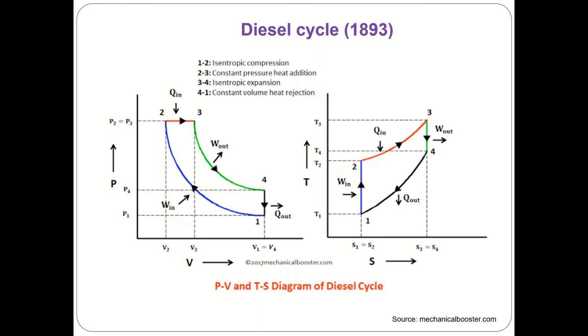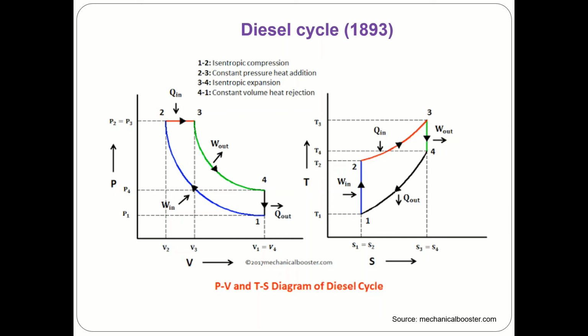So, there is compression from 1 to 2. This is a reversible adiabatic process or isentropic compression, and 2 to 3 is the heat addition process, during which the source is brought in contact with the cylinder head and heat is transferred from the source to the air, which is the working substance in the cylinder.